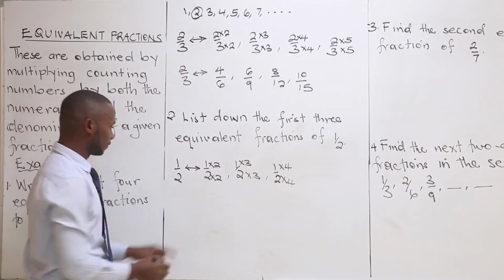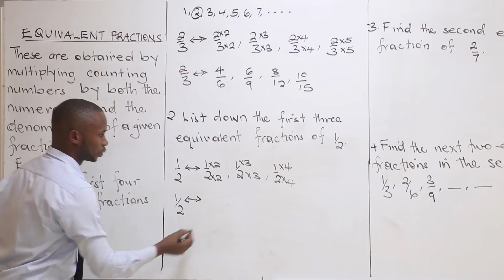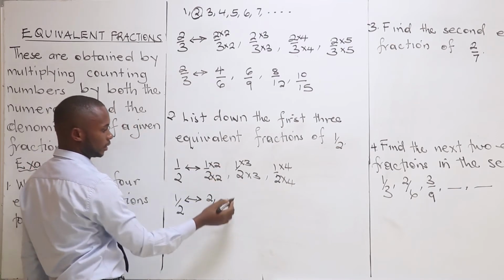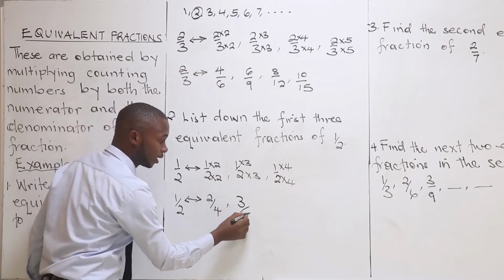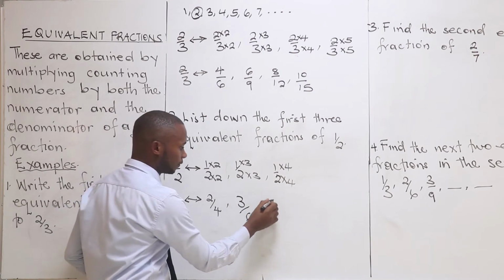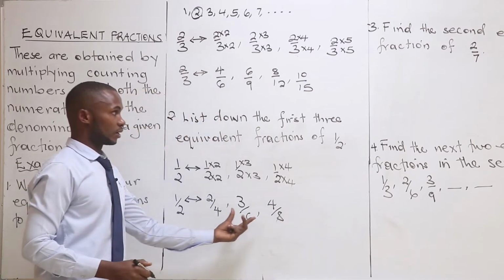So here we shall say that this half is equivalent to 2 out of 4. Then here 3 out of 6. Then the last fraction will be 4 out of 8. Okay, this is how we get them.